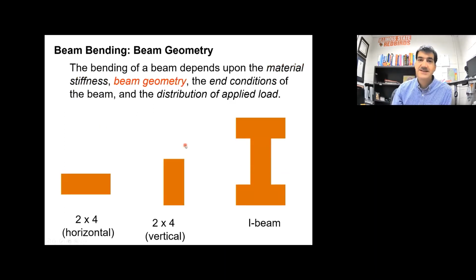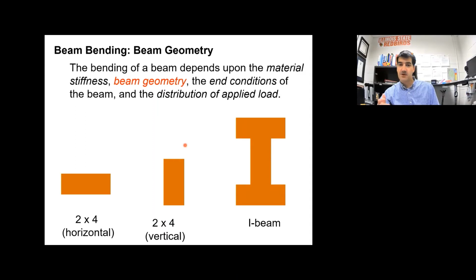The next thing is the geometry of the beam, not just the cross-sectional area, but actually the way the beam is arranged horizontally or vertically, or an I-beam or some other type of beam. And you know this changes something about the degree to which you can bend a beam, right? You know that experimentally, and you saw in the lab just a few minutes ago that it changes how much weight it can support.